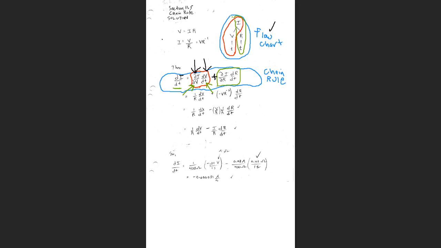So we take the change of current with respect to resistance, and then look at how resistance changes with time. And the multiplicative effect is the contribution in regards to resistance that contributes to the di dt.